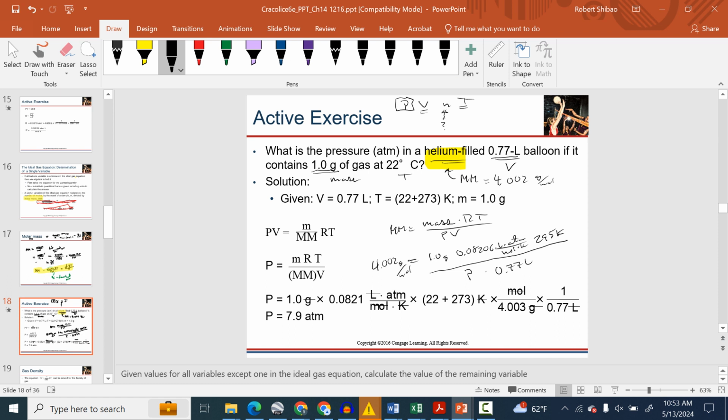What's next to it? 0.08206 liters times atmosphere divided by mole Kelvin. So we just got to make sure the units work out. So the grams cancel out the grams, the moles cancel out the moles, the Kelvin cancels out, the liters cancel out, and that leaves me with just the units of atmosphere. Do you see that?